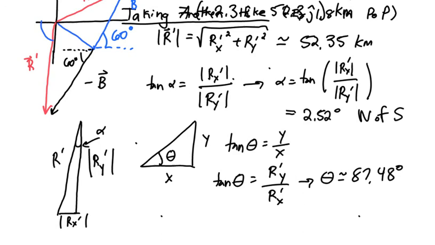If you need to find it relative to the eastern axis, for instance, then you can just start adding 90 degrees, for instance, 90 here and then 87.48 here. You can manage it. Instead of memorizing all those rules about tangent, sine, and cosine being positive or negative in whatever quadrant it is, just draw the triangle, figure it out, and then relate it back to an axis that you know.